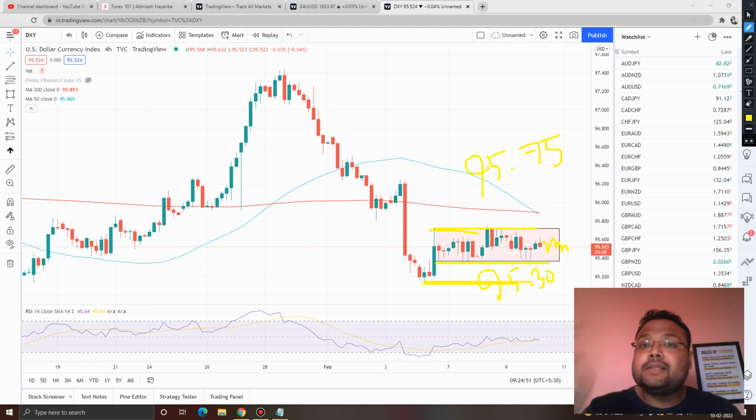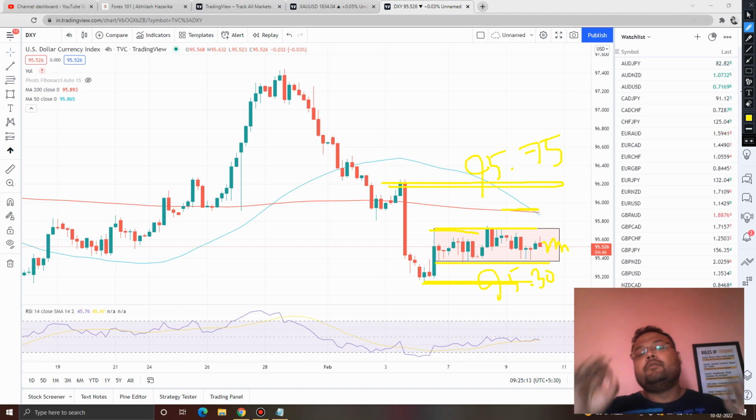When it breaks the resistance, there will be pressure on gold as well, keep in mind, and ultimately it will be going up. There are multiple resistances on DXY. The first resistance is around the 96 level, the 200 moving average, and ultimately 96.20. These are the resistances for DXY if the news comes out very well.